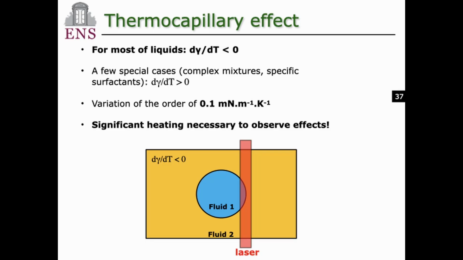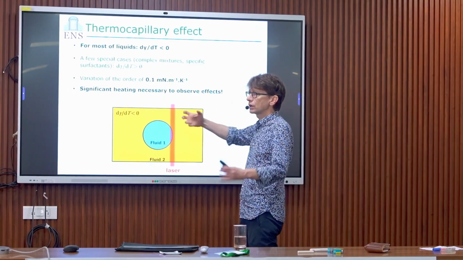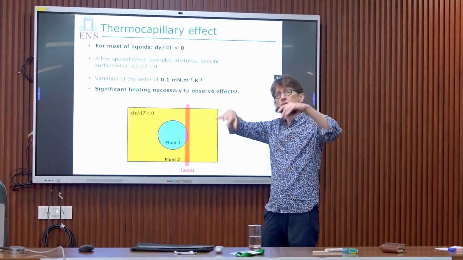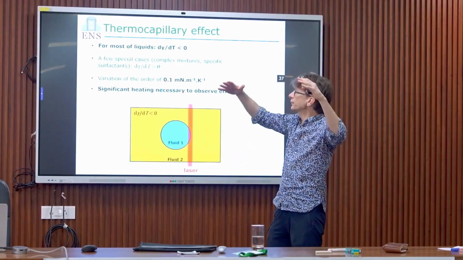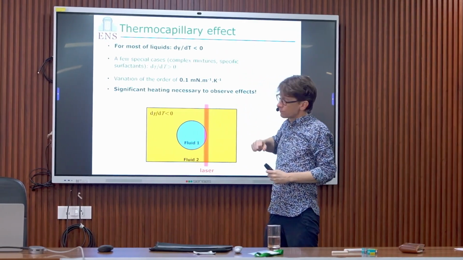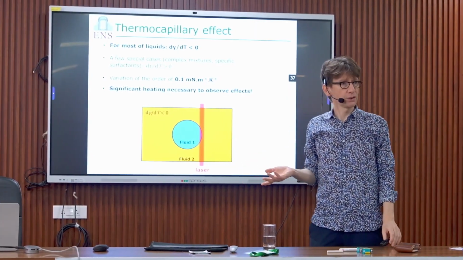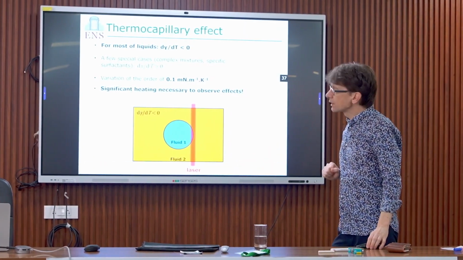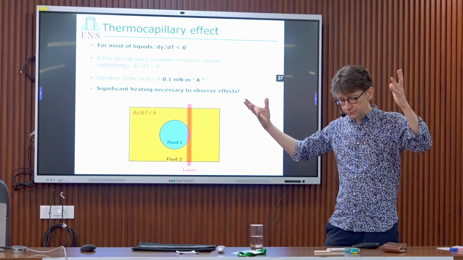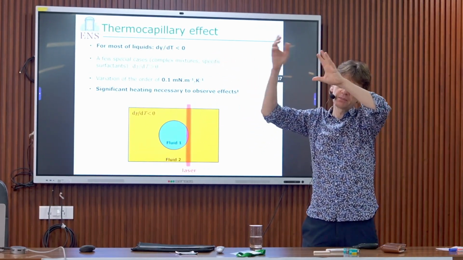For most liquids, when you increase temperature, you decrease the cohesion, so you will decrease also the cohesion at the surface, so you will typically decrease surface tension, but you can have some situations where surface tension increases with temperature.